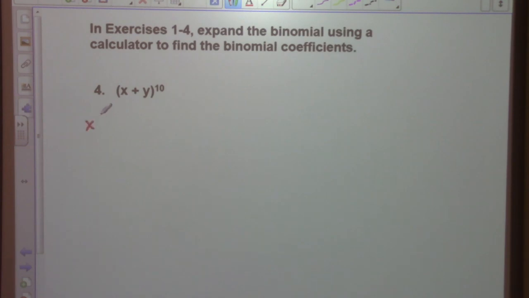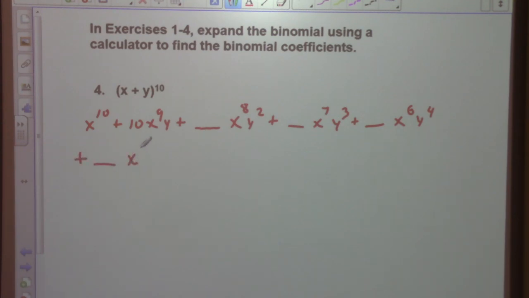So you get x to the 10th plus, next one's going to be 10 x to the 9th y, and then the next one, you can just fill in the blank, x to the 8th y squared, plus blank x to the 7th y cubed, plus blank x to the 6th y to the 4th, plus blank x to the 5th y to the 5th, plus blank x to the 4th y to the 6th.